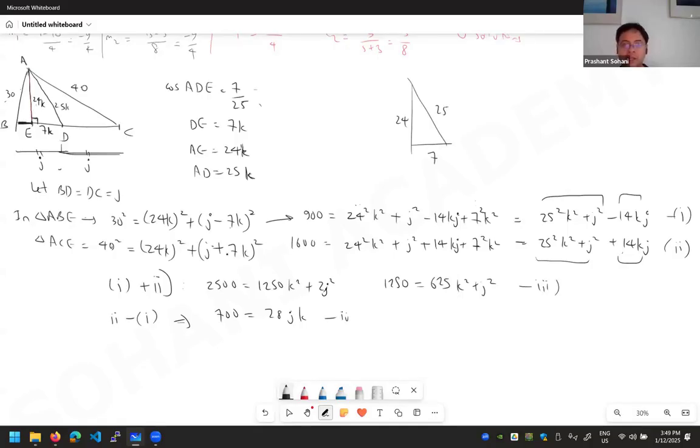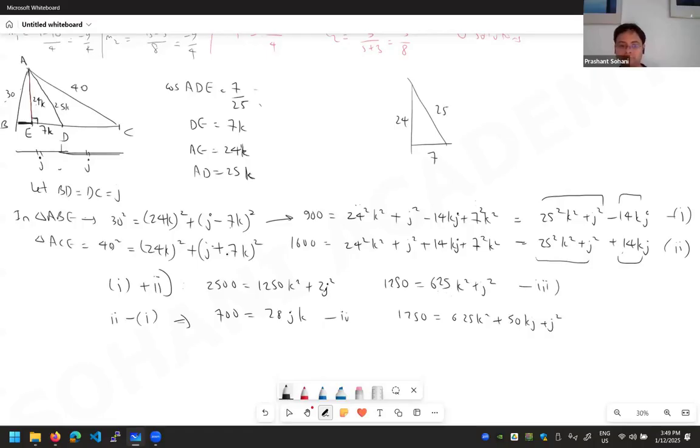Correct? So one idea is that I can complete the square. If you see this equation 3, in the middle term, if I add or subtract the middle term correctly, I will get the equation. So let us say I add. This is 25 square, so 25 times 2 is 50. So I need a middle term of 50 kj. Okay.